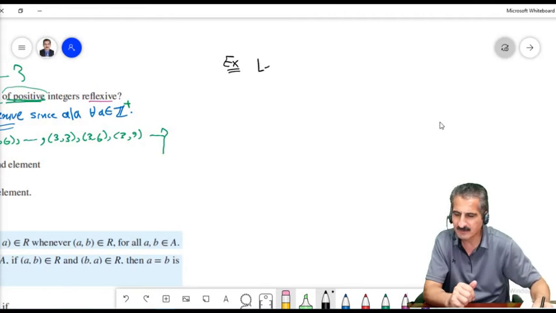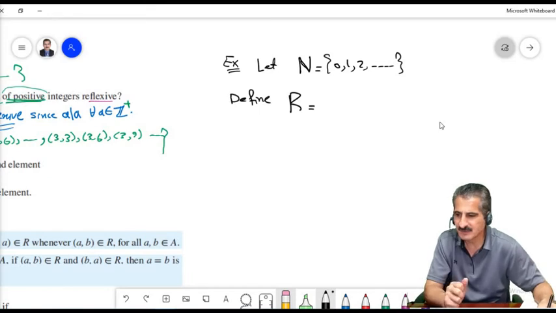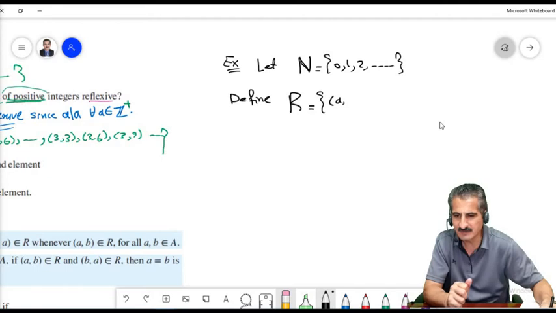Now we know the natural numbers contain the 0, right? We agree on that. So they are non-negative integers. Now define R the same as in the first example, the divisibility, but I will write it this way: (A, B).